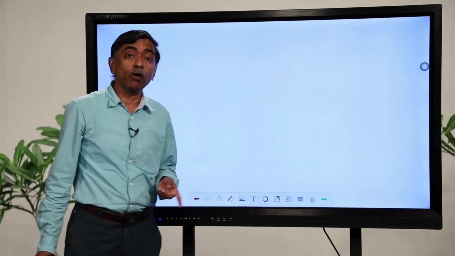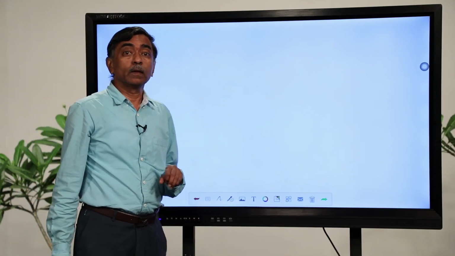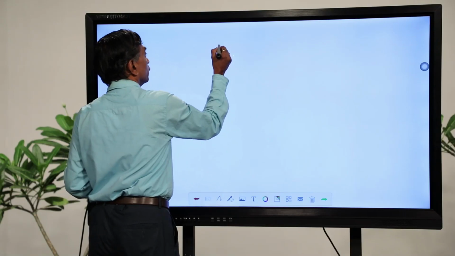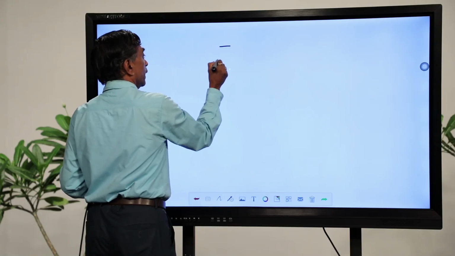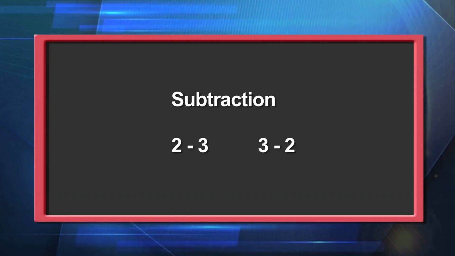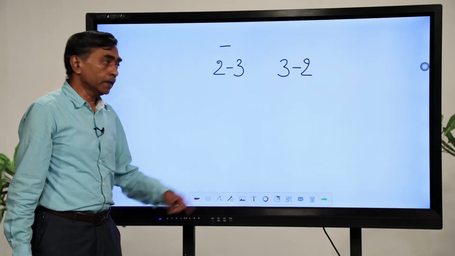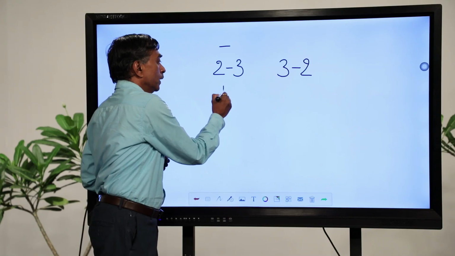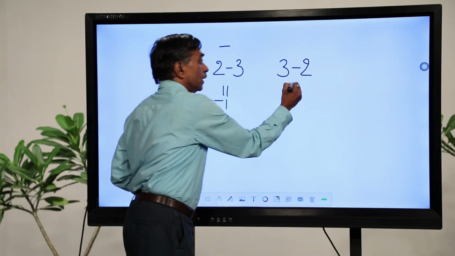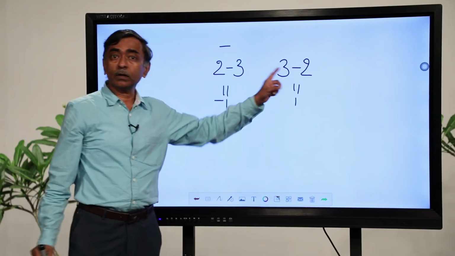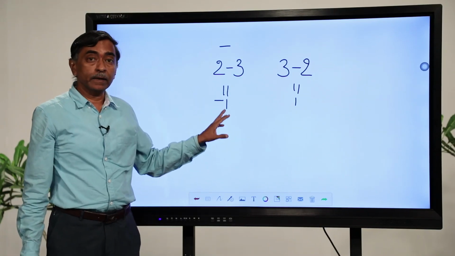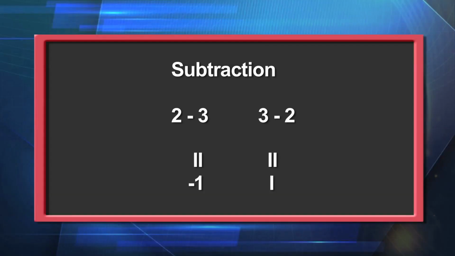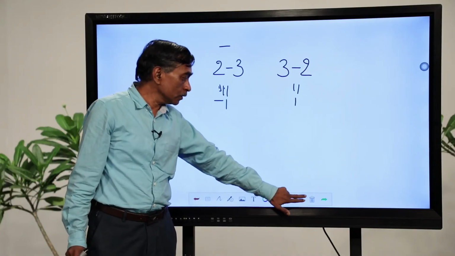Will it hold for the other operations? For example, if I take the operation of subtraction, so can I say that 2 minus 3 is the same as 3 minus 2? Here you will find that the value is minus 1, whereas here the value is 1. So, they are not equal. It means that if I interchange the numbers across this particular operation, it is not going to give you the same values.